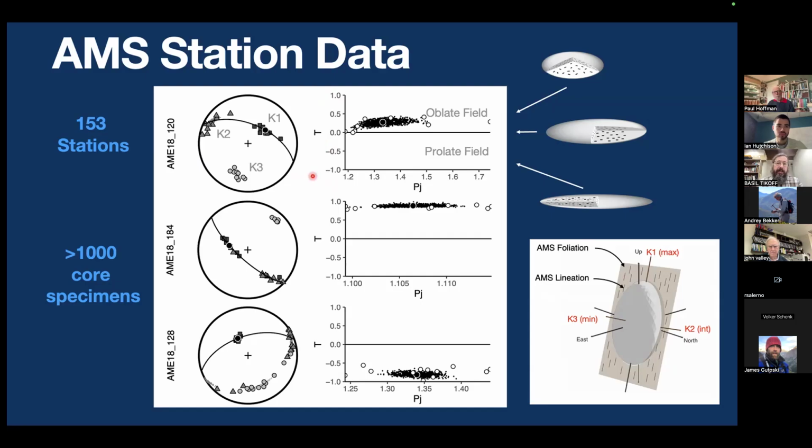There's some spread in the data, but generally the AMS ellipsoid is quite good in replicating the fabric. Nick took a lot of stations here, 153, with over 1,000 core specimens. In general, the foliation and lineation from the AMS corroborate the field foliation and lineation. The AMS is particularly good for lineation because it's hard to see the linear features in the field.